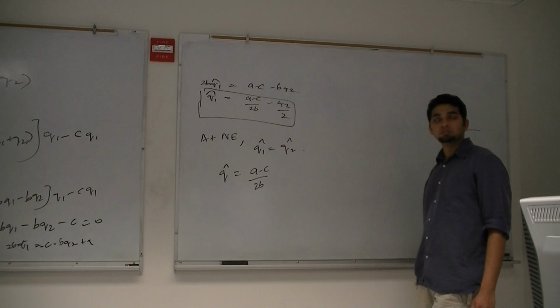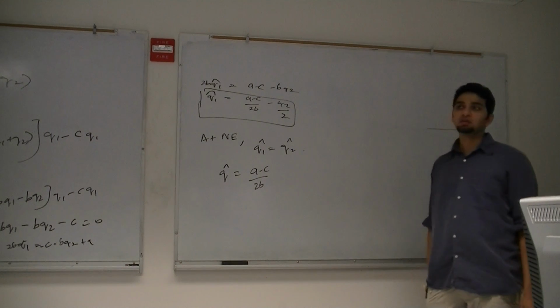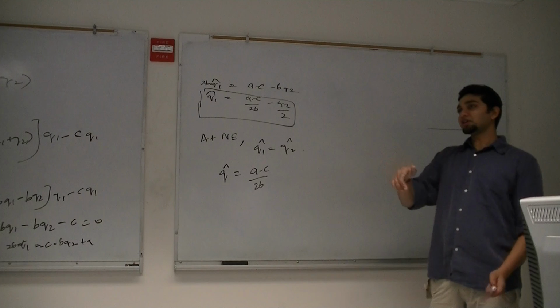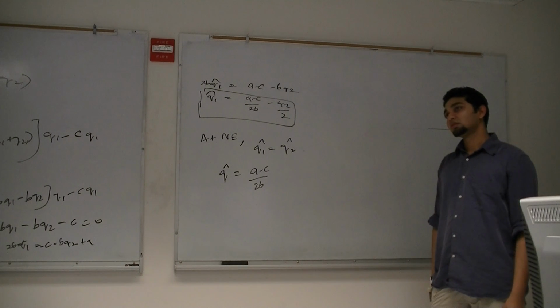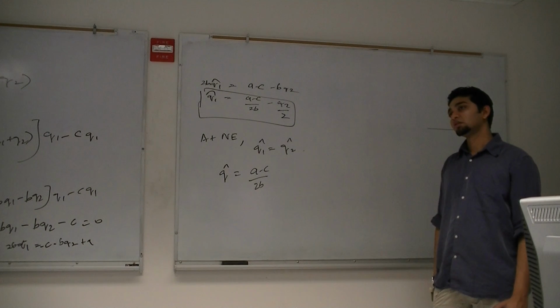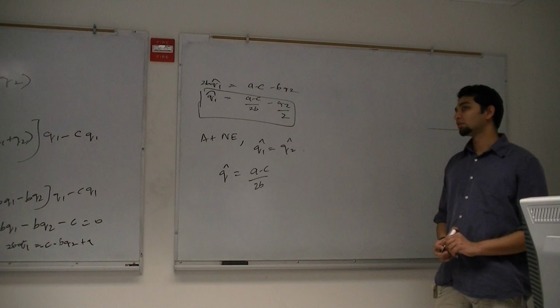For example, if you have different payoffs for the two players, then generally Q1 hat is not equal to Q2 hat. It's because the problem is symmetric, and even that is a little bit hand wavy, but you shouldn't say it's because of Nash equilibrium, because that has nothing to do with it. You cannot say it's the best response of this or that, therefore these two are the same.